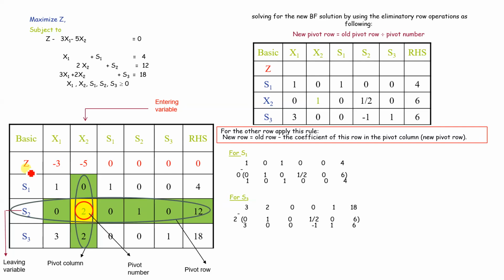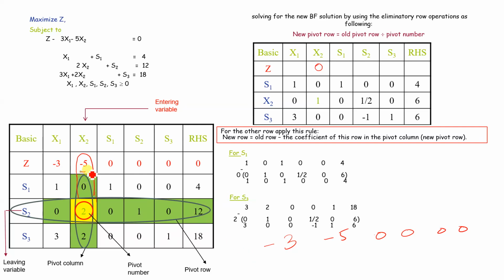So for Z, what we need to do, let me extend this column. This is the pivot column including Z. Our target is to make this element 0. The old row is negative 3, negative 5, 0, 0, 0 and 0.